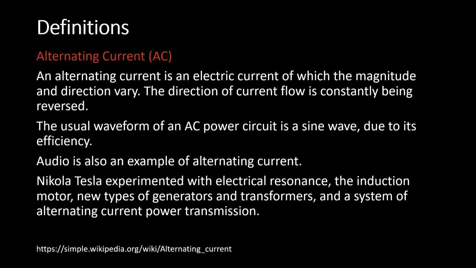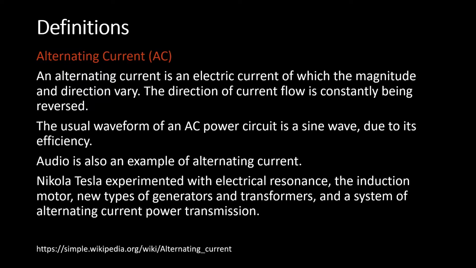Alternating current, on the other hand, is a current that alternates in its magnitude and its direction. The direction of the current flow is constantly being reversed. The usual waveform of an AC power circuit is a sine wave due to the efficiency.